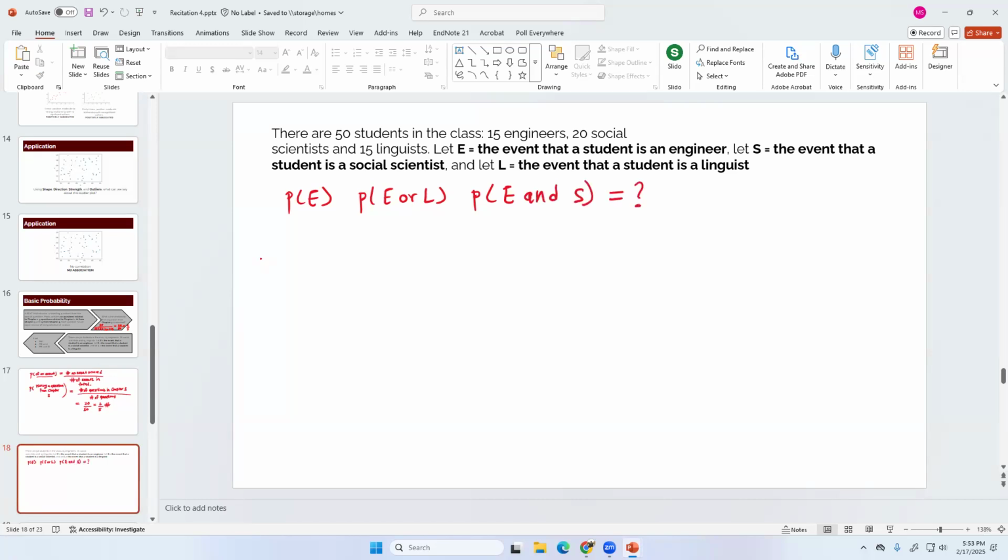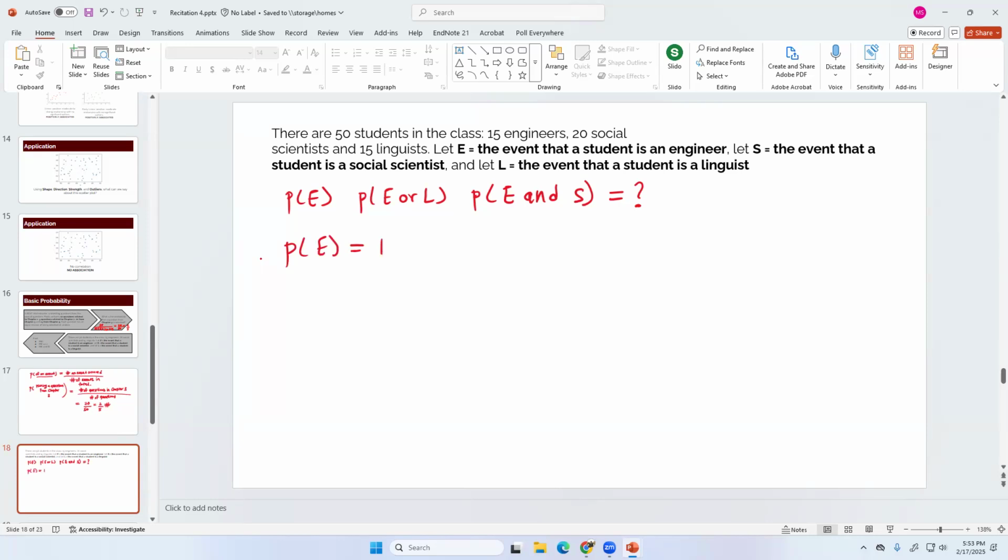Given this question, we have to find these three things. There are 50 students in a class. 15 are engineering, 20 social, and 15 linguistics. E is the event that a student is an engineer, S is the event that the student is a social scientist, and L is the event that the student is a linguist. Let's do the first one. What is the probability of E? What is the probability that if you pick a student randomly in this class, that student is going to be an engineering student?